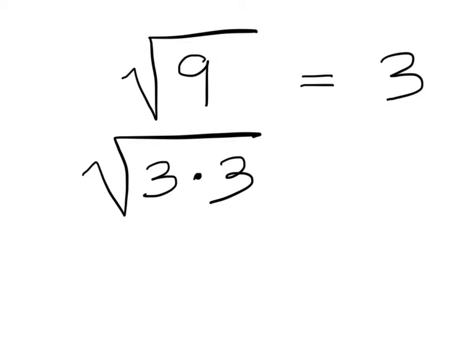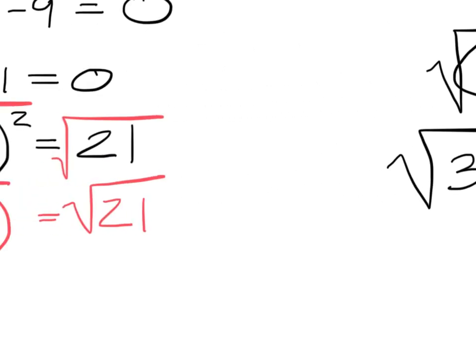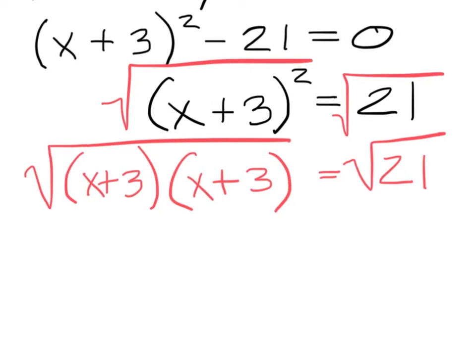So when I find the square root of 9, I only have one of those as my answer, 3. So come back over here and see if you can tell me what the square root of this will be. It's not 6.